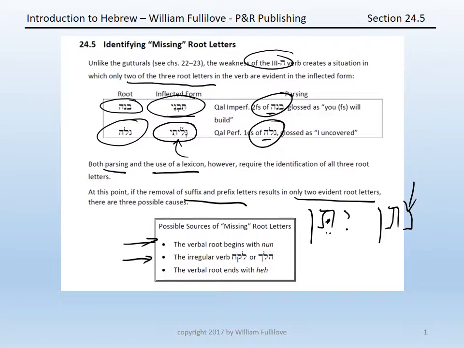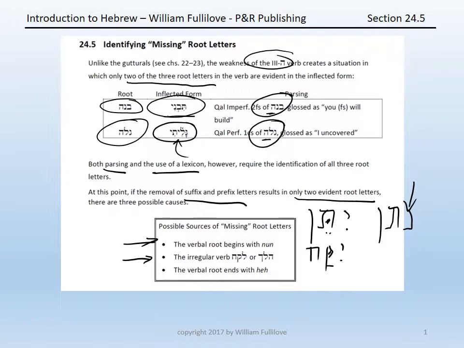Secondly, you could be dealing with the irregular verbs either laqach or halak. So laqach in the imperfect becomes yiqqach. Remember that the lamed disappears and is replaced by a strong dagesh.